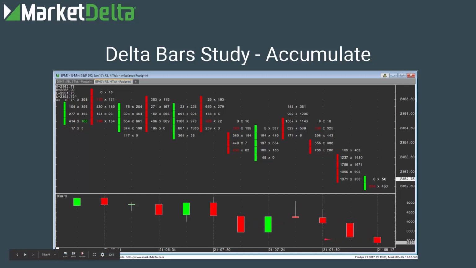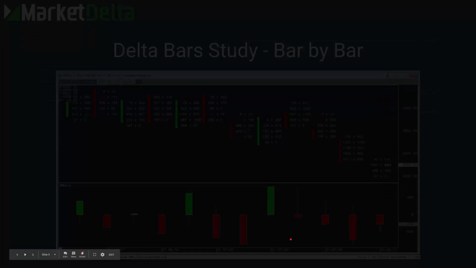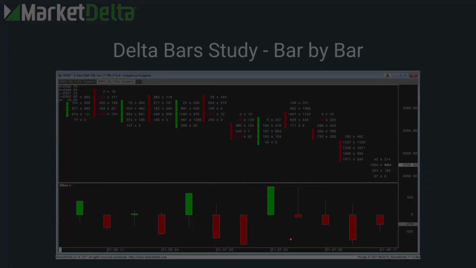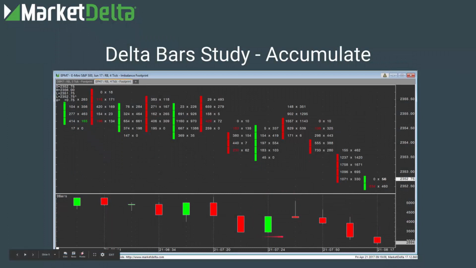So I think this is the same bar. Let's see, is this the same one we were just looking at? Yeah. So this is the same move we were just looking at on the previous slide. You can see what it looked like in terms of cumulative delta, and just how it evolved on the cumulative delta. So this is a very, very popular study as well.